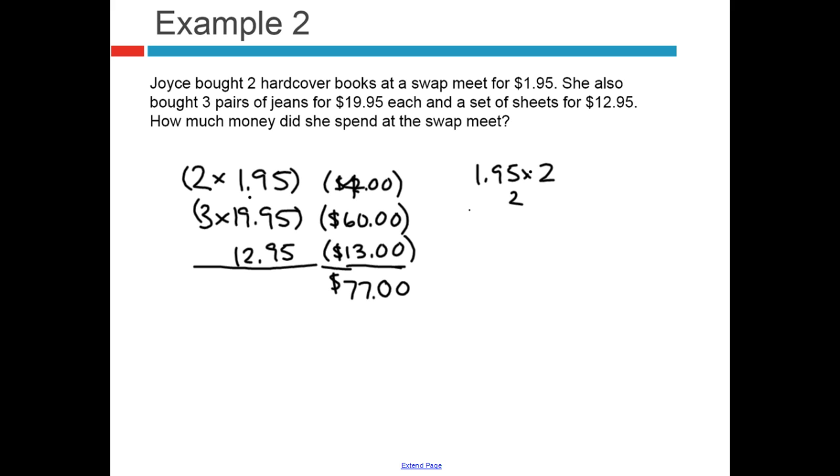So I'm going to multiply that by 2. So I get 10, 19. So I get $3.90 for the 2 hardcover books.